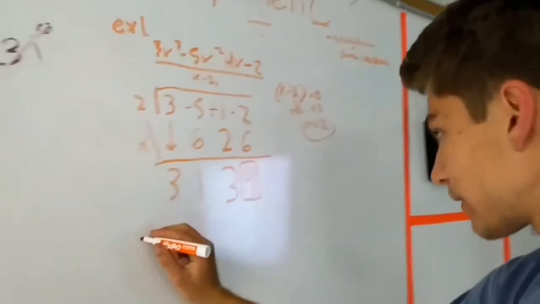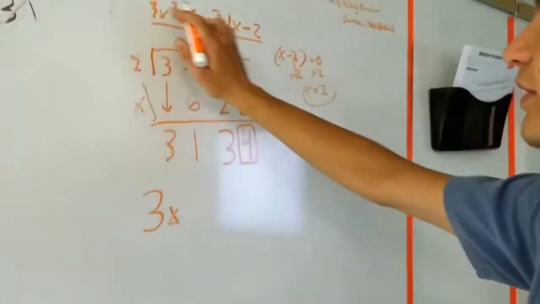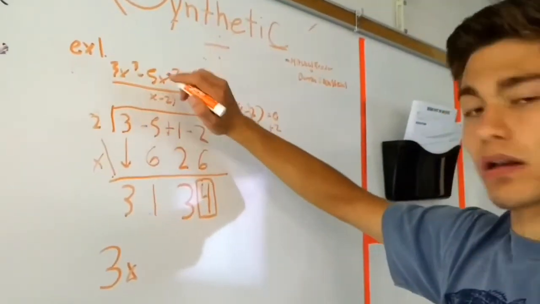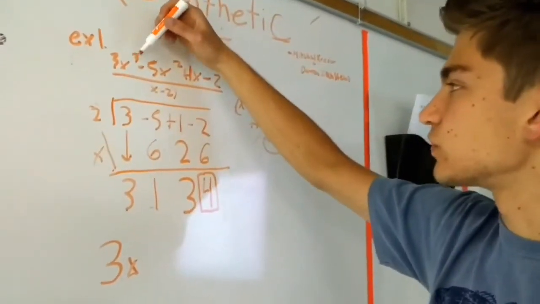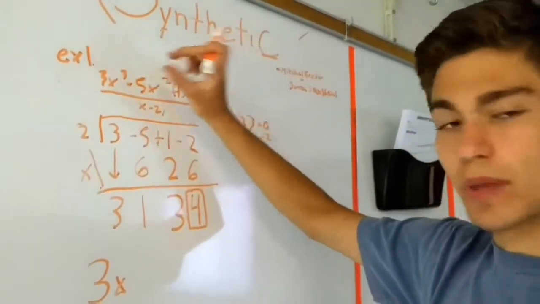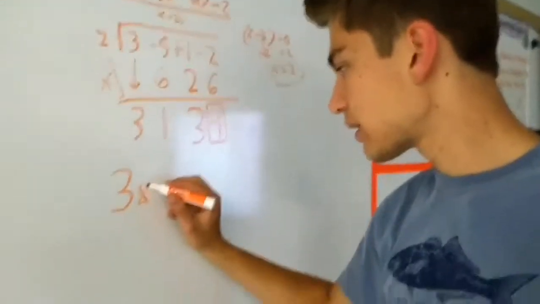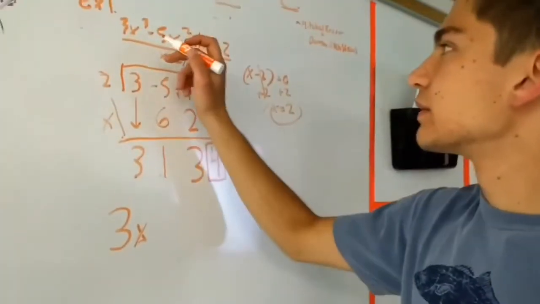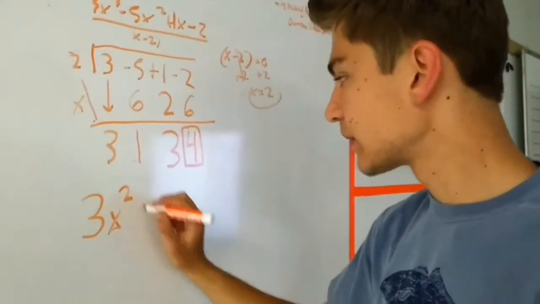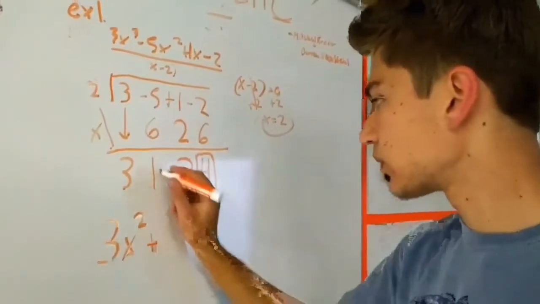You have to go 3x. You kind of model this format. You're going to model this format, and you're going to start with 1 exponent less. Just remember 1 exponent less. You're going to keep the x's where they are. So that's a 3, so it's going to start with a 2. 3x squared. Plus 1.